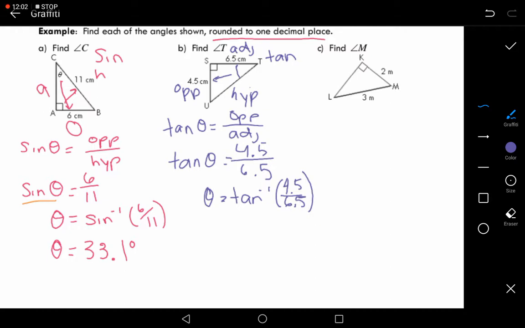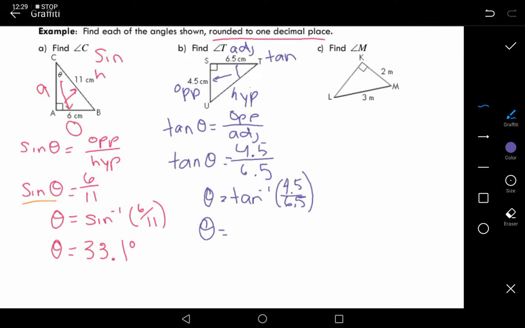Okay, and again, you can definitely just do that division right off the bat, and then you don't have to worry about writing out that fraction. Okay, so again, I like to do that first. So 4.5 divided by 6.5 should give you 0.6923. Your shift on your calculator or your second, using that tan inverse button.